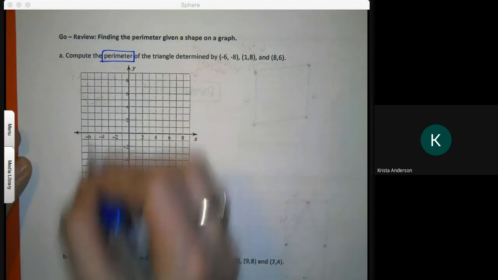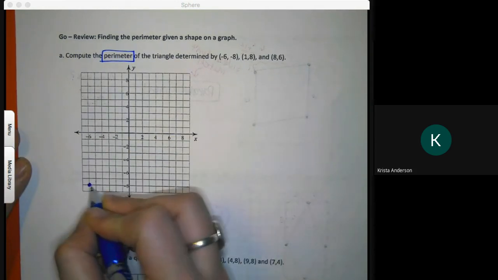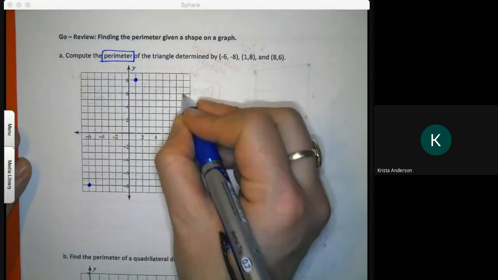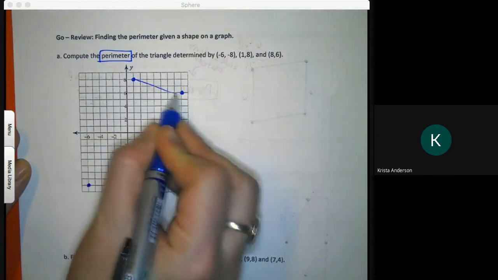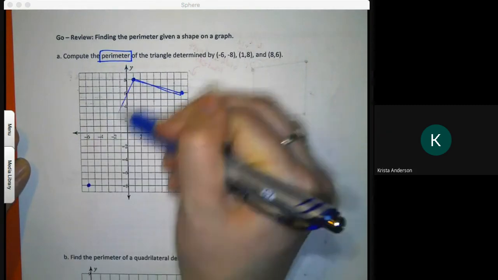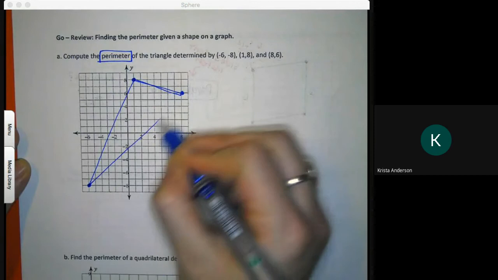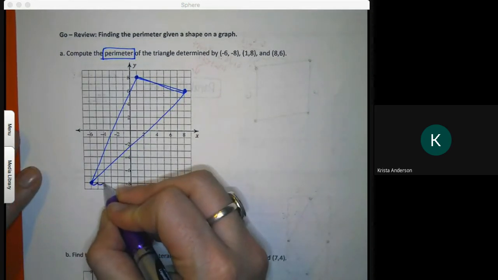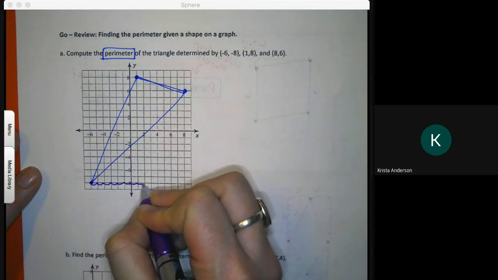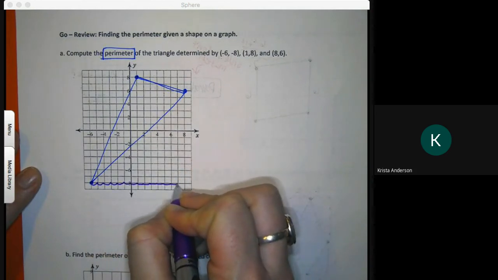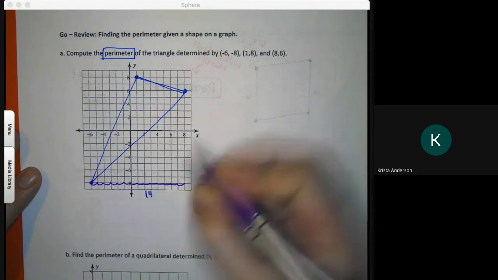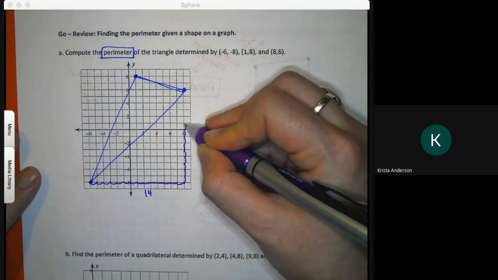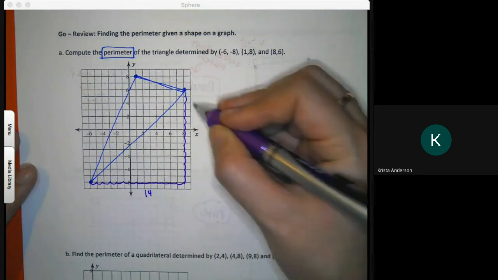Negative 6 down 8. 1 up 8. 8 up 6. 1, 2, 3, 4, 5, 6, 7, 8, 9, 10, 11, 12, 13, 14.